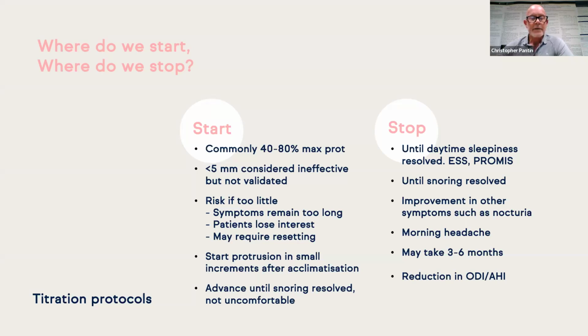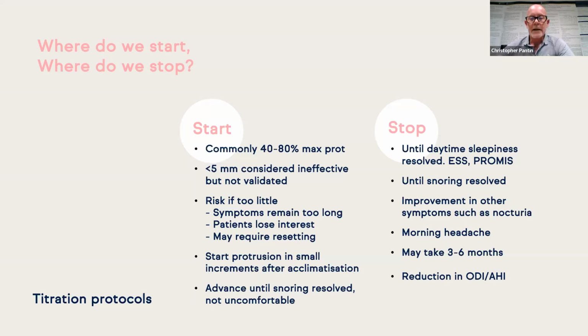The risk is, if it's too little, if you don't start far enough forward, the symptoms remain too long. So then the patients lose interest, and in fact, the splints actually may require resetting. So it's really important not to start too far back. Now, you're probably thinking, what does the resetting mean?